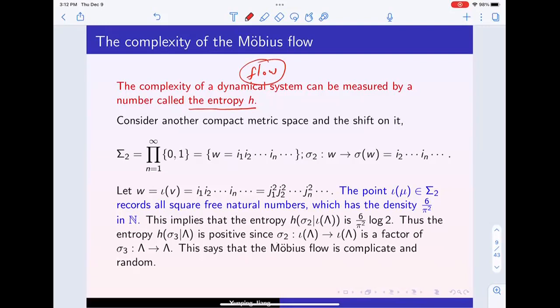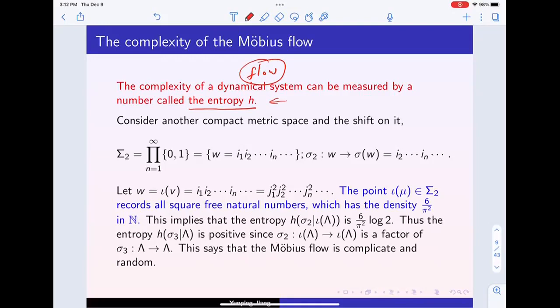So then, for every dynamical system or any flow, you associate a number which is called entropy. This entropy is a very important invariant in this subject. It is a topological invariant. But I'm not going to give you the detailed definition of this entropy because then you need a lot of things to say.